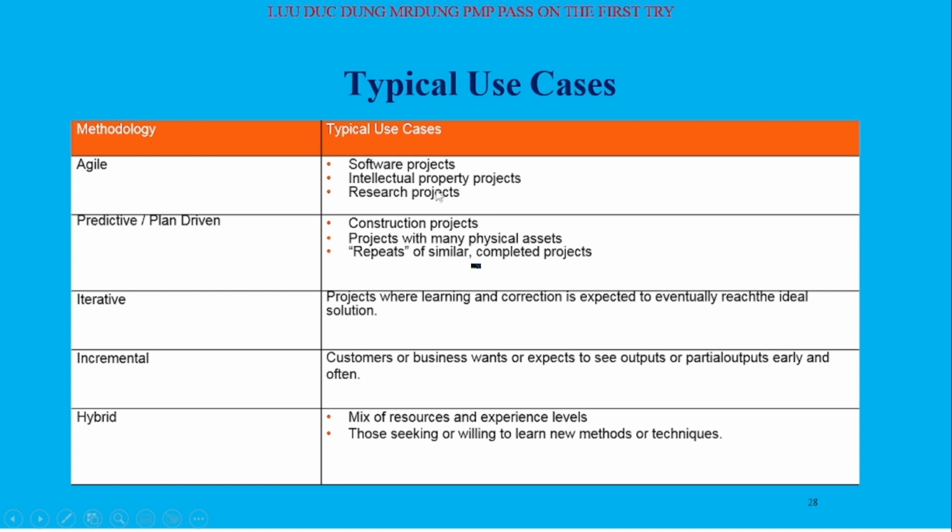Iterative, we use for projects where learning and correction are expected to eventually reach a better solution. Incremental, we use when the customer or business wants or expects to see partial output early and often.